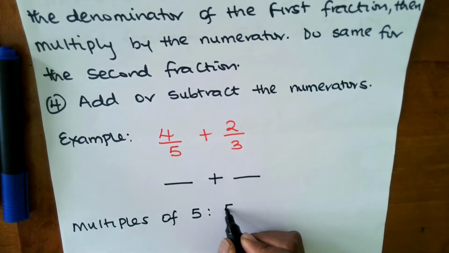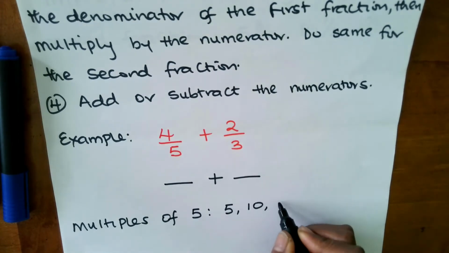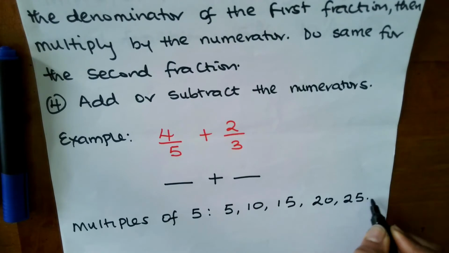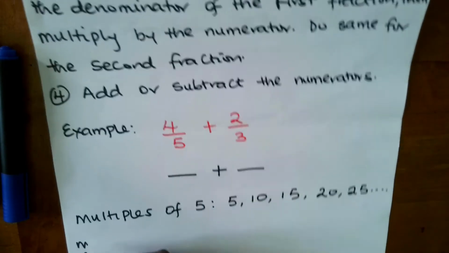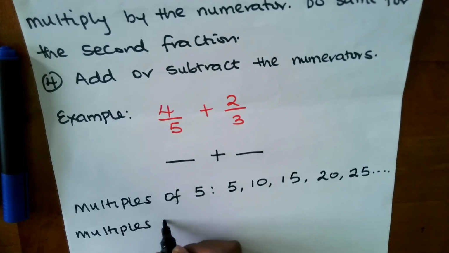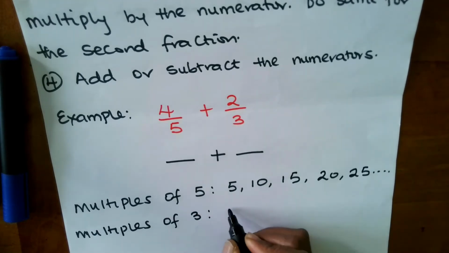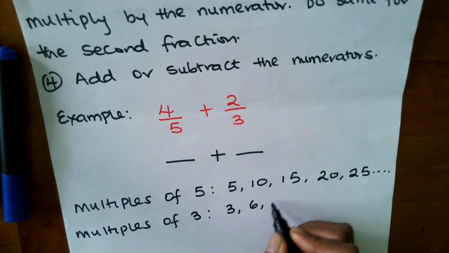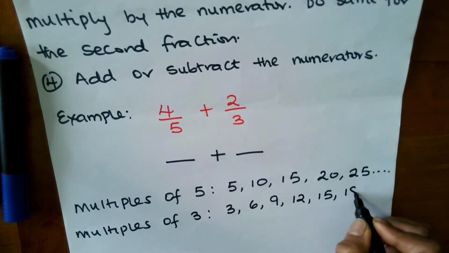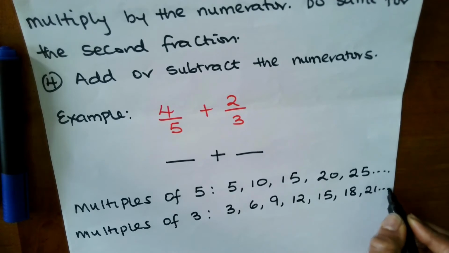So we've got 5, 10, 15, 20, 25. And then we've got multiples of 3. We've got 3, 6, 9, 12, 15, 18, 21, and so on.